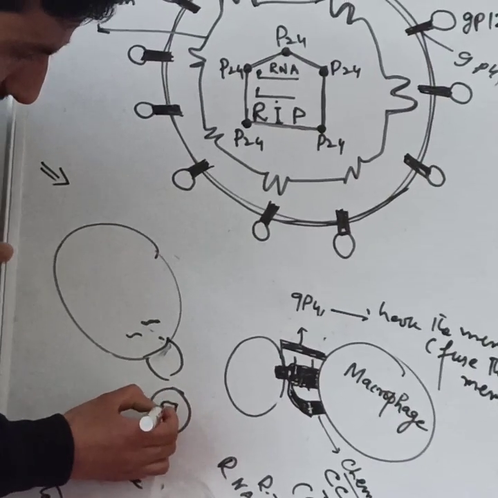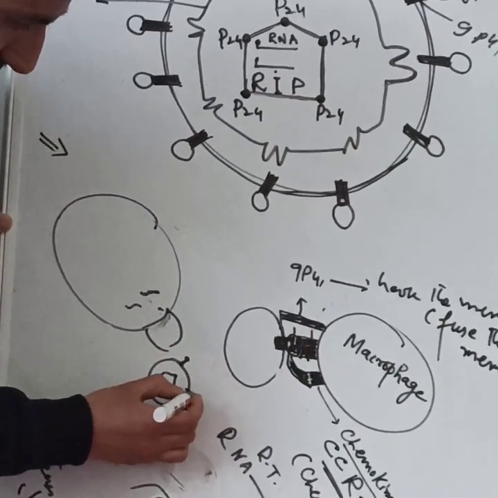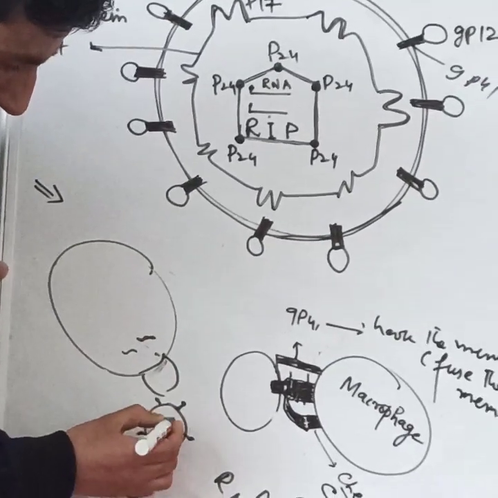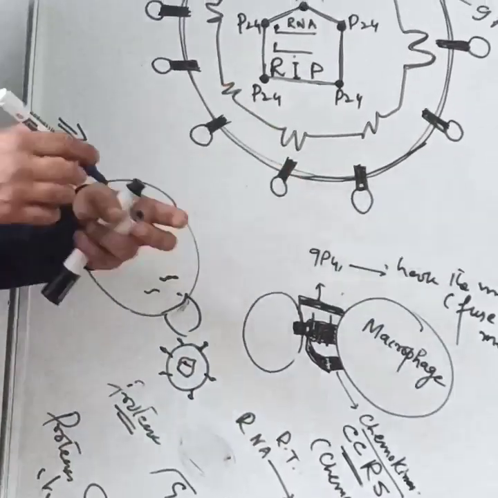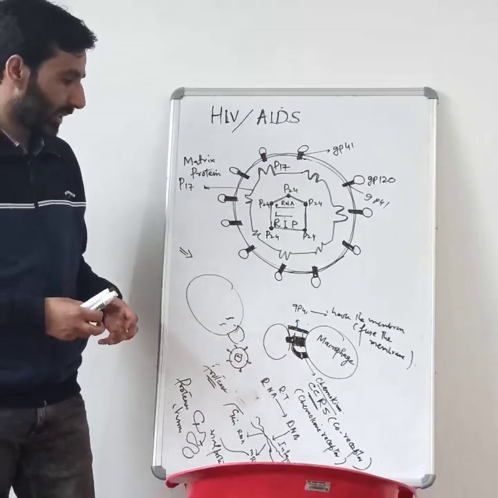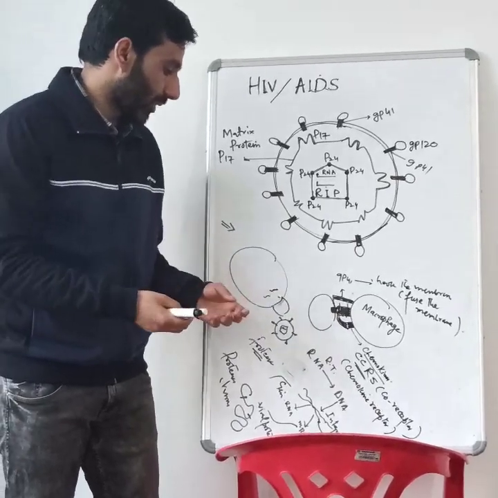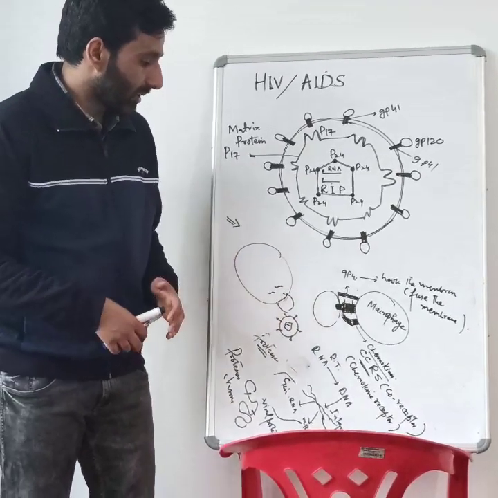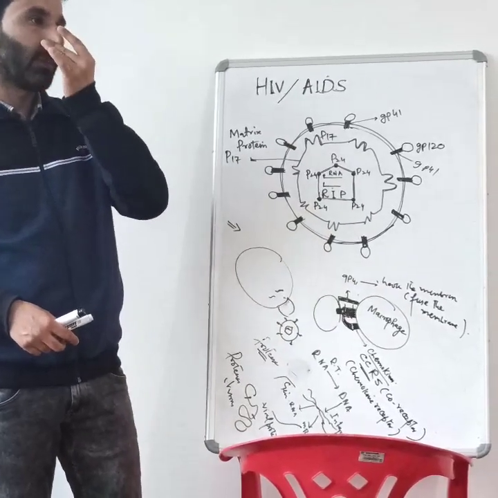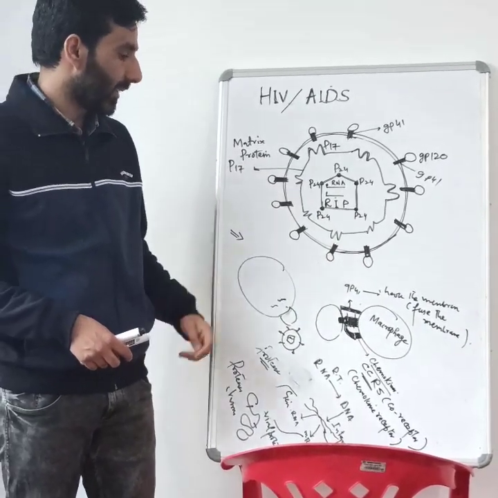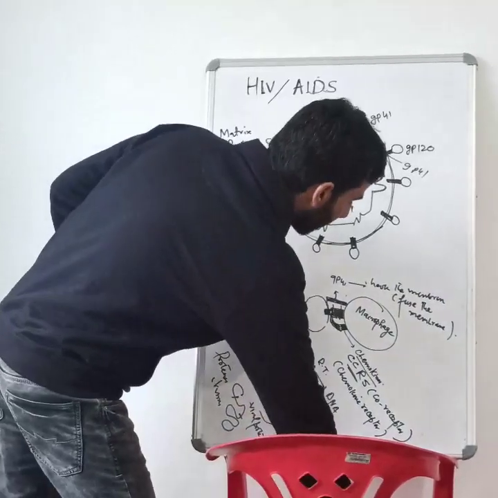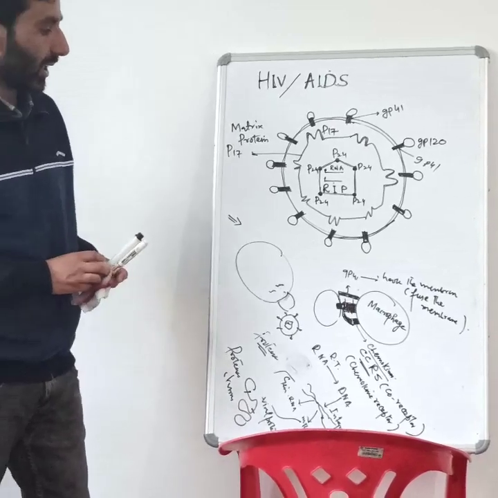Another virus will be there, just like the new viruses. So this is how the virus infects the cells, makes its copies and then comes out through exocytosis, and new viral particles are produced. These viral particles again infect new cells, and this continues, producing billions and billions of viruses inside the host cell. So we now see how it infects the cells.